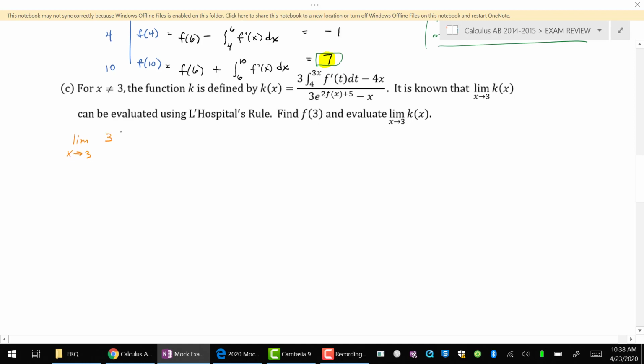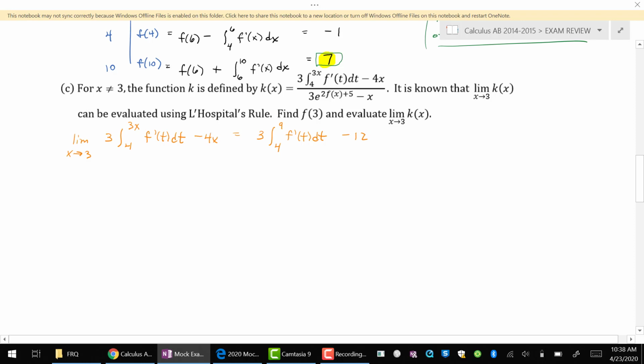So 3 times the integral from 4 to 3x of f prime t dt minus 4x. If I plug in a 3, and I try this with direct substitution, we'll get 3 times the integral of 4 to 9 of f prime minus 12.